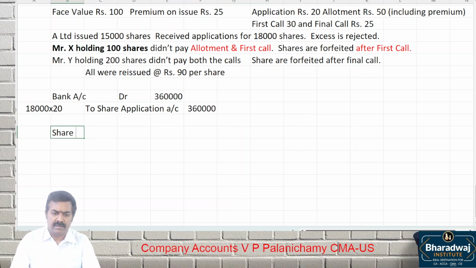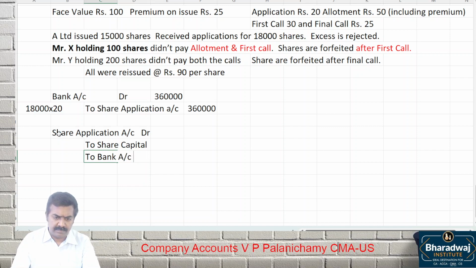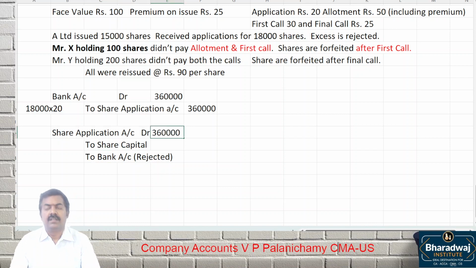Then pass entry. Share application account debit to share capital. Excess money is rejected. 3,60,000 we collected. To capital, how much we will transfer? How many shares have we issued? 15,000 into 20.